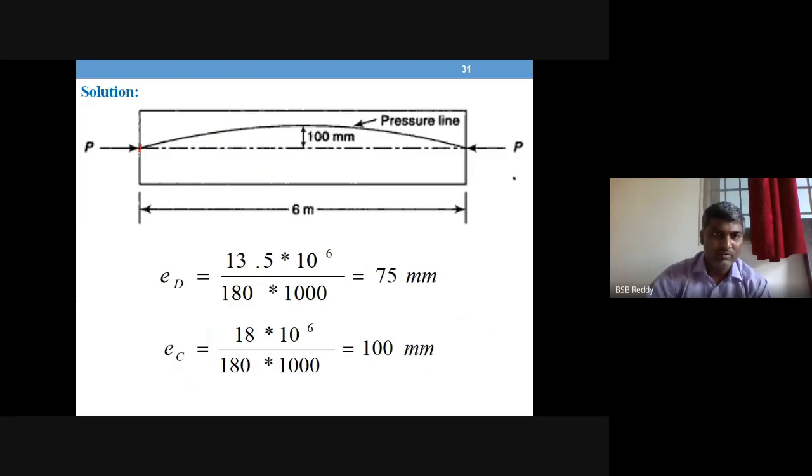This is the location of the compression line at support, 0, and this is at center, 100 mm, and at 1/4 distance, this is 75 mm. And the same here, 1/4 distance, it is 75 mm. It is symmetric. That is what is called the pressure line.